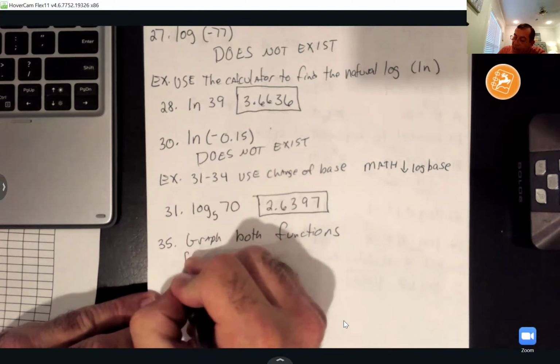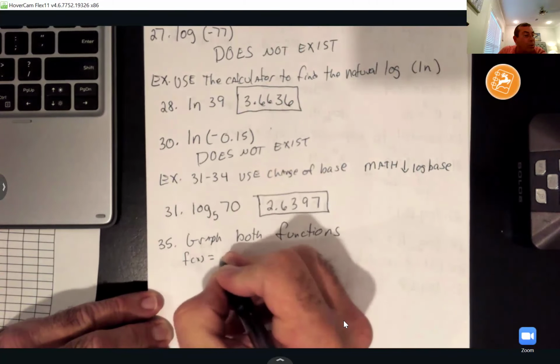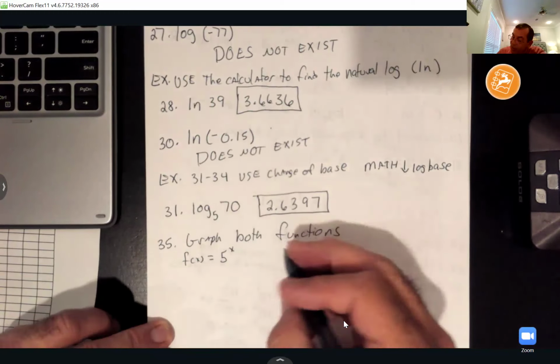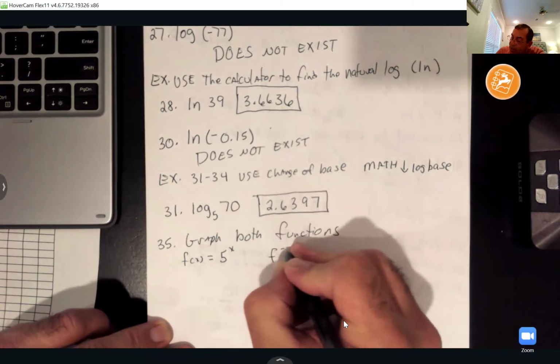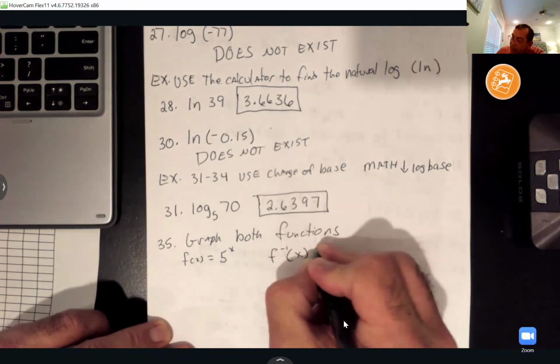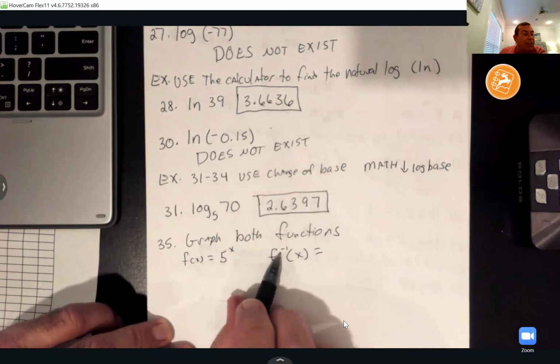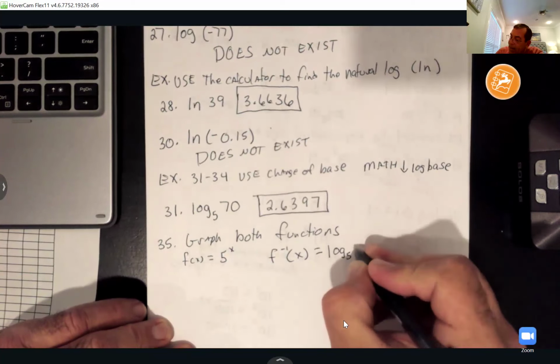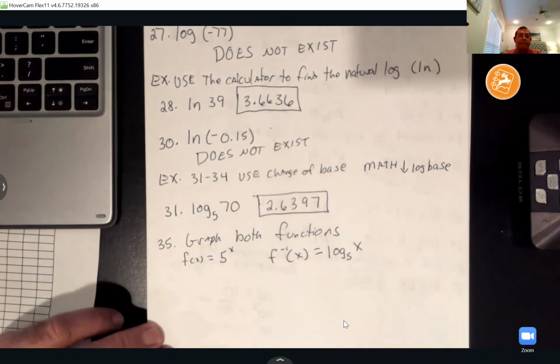So they're giving you f of x equals 5 to the x. They give us an exponential. And then remember, since this is the inverse, they're using inverse notation. And this one says log 5 of x.